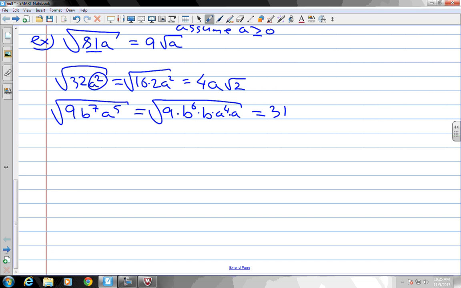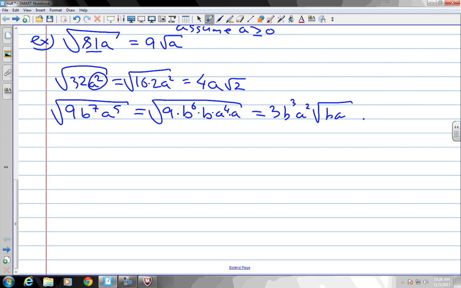B to the 3rd, because I just have to divide the power by 2. And what is the square root of a to the 4th? A squared. And what stays under the square root? B and a. So that's it. So if you have an odd power, you can always borrow 1 to make the remainder even, and then you just take the square root of that.